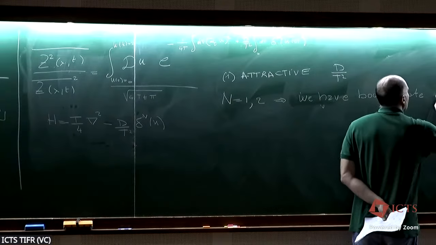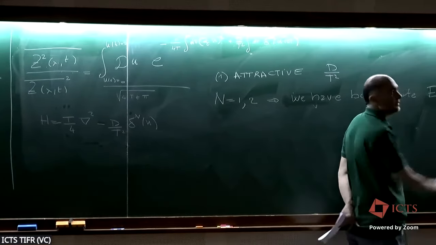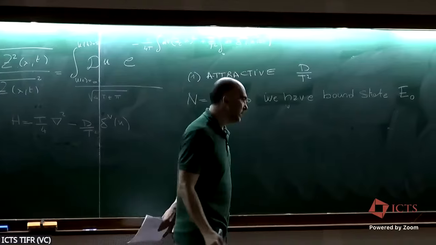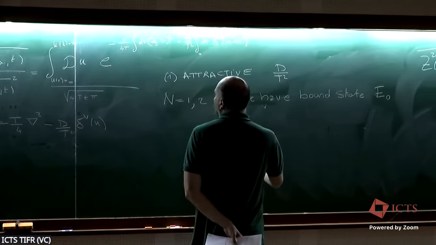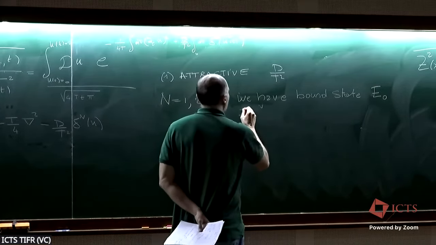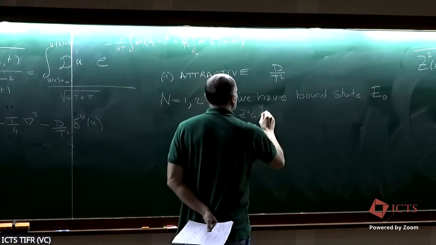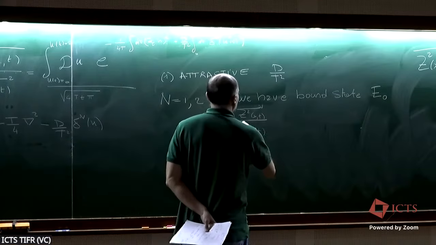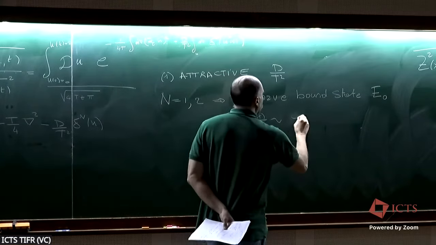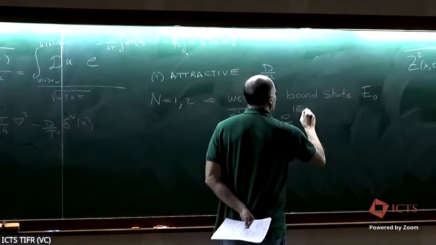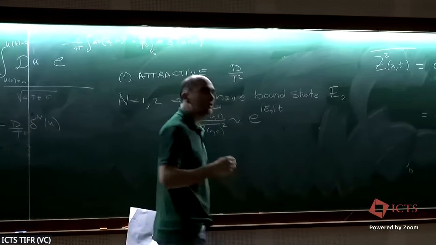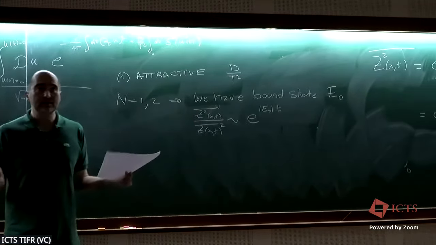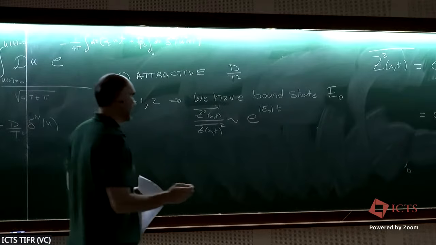Let's call it E0, the energy of the ground state. So what will happen is that Z squared over Z squared goes like e to the modulus of E0 times t. So it explodes.